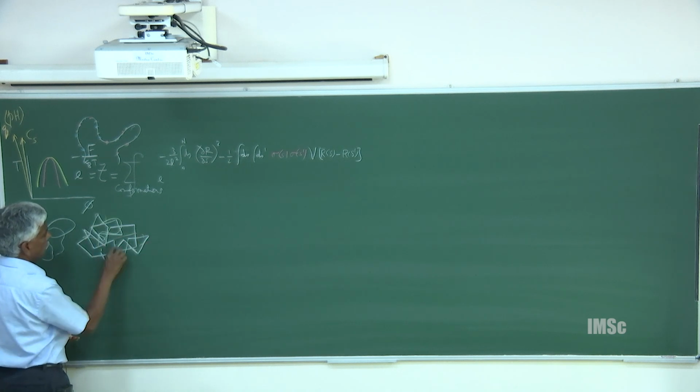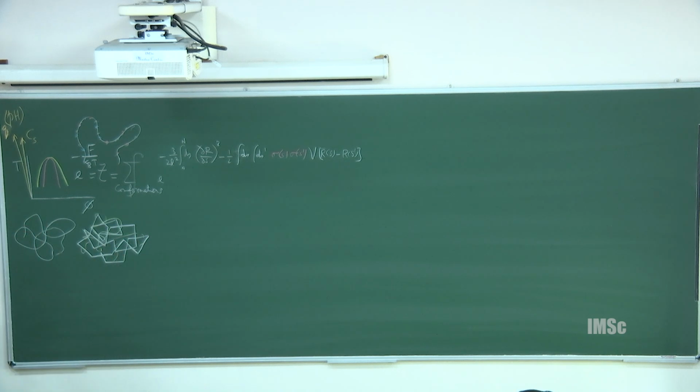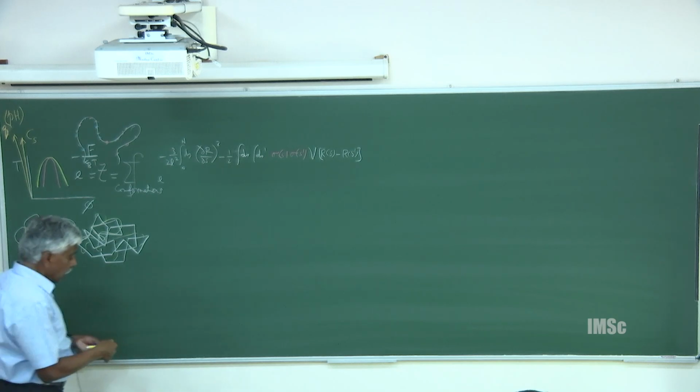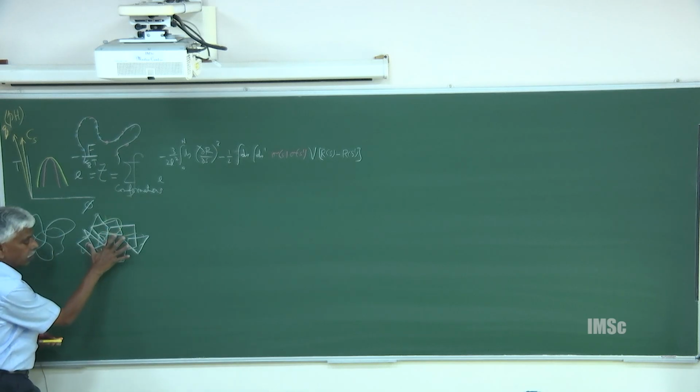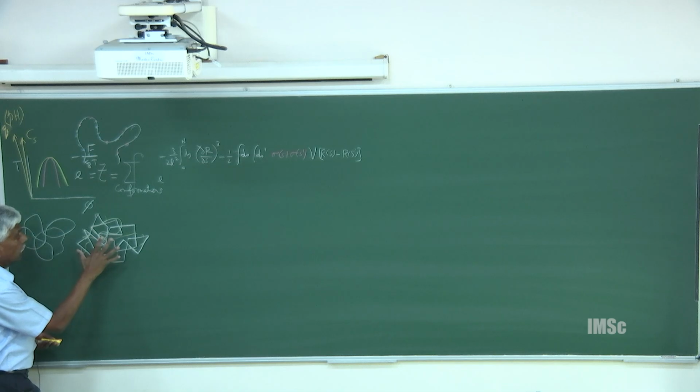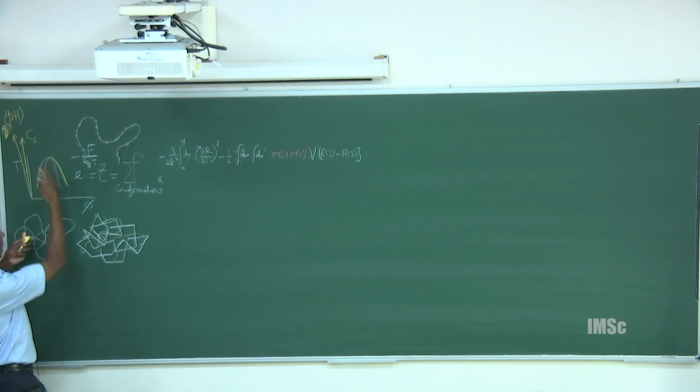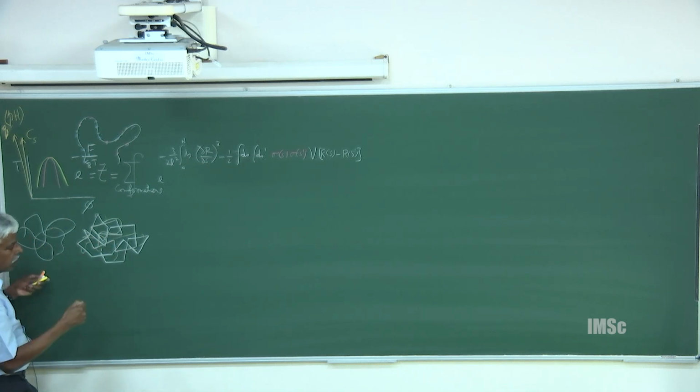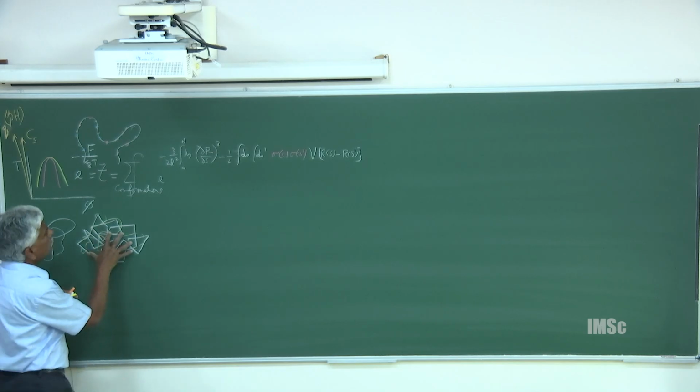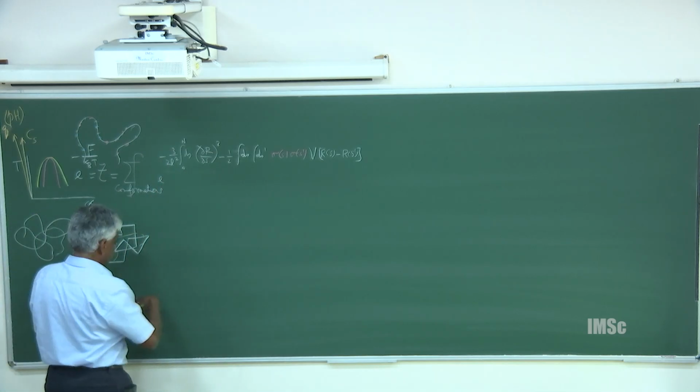A continuous chain like this, random walking chain. The conformation of a random walking chain, without any interaction, without any excluded volume interactions, is written by this term.